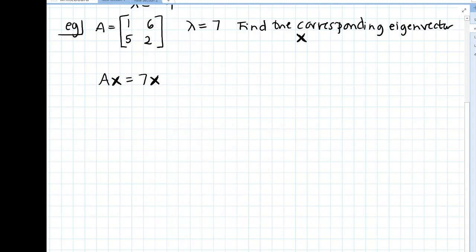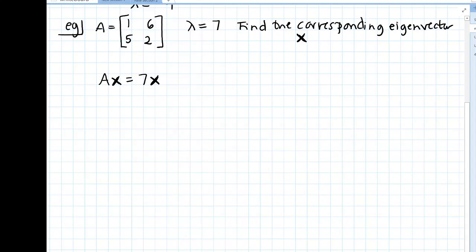And specifically, and this is important, we want it to be a non-trivial solution. The reason for that is that in order for something to be considered an eigenvector, it can't be the 0 vector. And why is that? Well, it would just be kind of silly to say that 0 was an eigenvector, because of course it is, right? Anything times 0 is going to give you the 0.